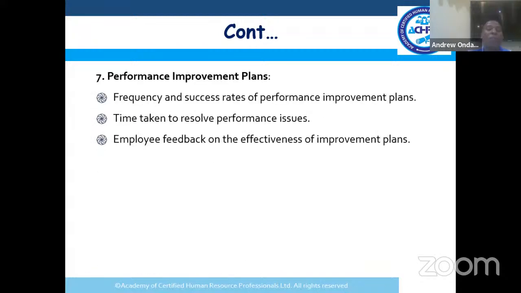Lastly, we have performance improvement programs or plans, where those people who are not performing are put on a plan. And this plan has to do with efforts to improve poor performance, and we must be careful to specify the frequency, the time taken, and employee feedback.